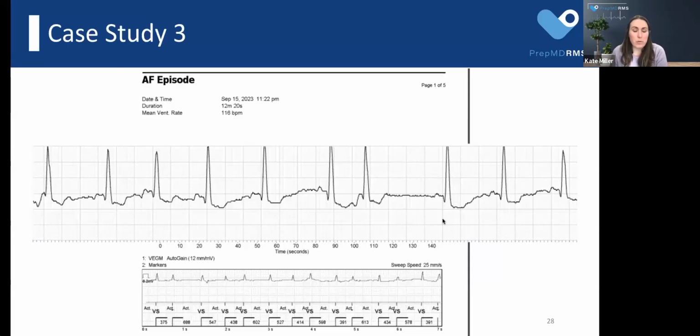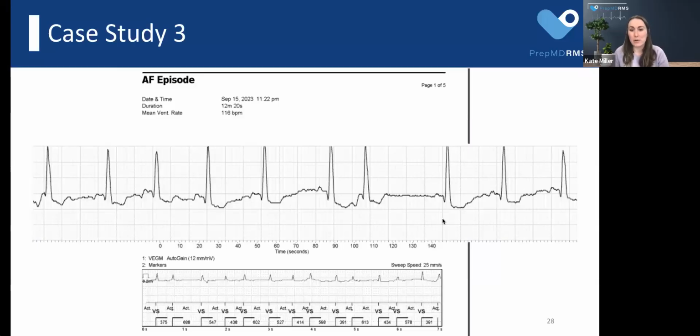Yeah, great. So, with the previous strip, if you weren't utilizing all of your tools, you could have jumped to the conclusion that it wasn't atrial fibrillation, and then that patient maybe isn't getting the protection with OACs that they need. But on the other hand, same thing happens on this one. If you jump to the conclusion that this is AFib, now the patient's on potentially unnecessary medication, which of course comes with potential complications. So even though we're looking for AFib, we don't necessarily want to find it if it's not truly there.